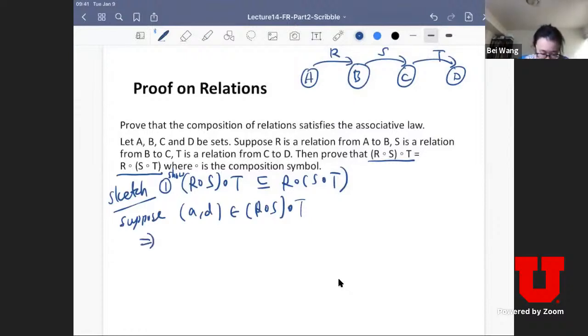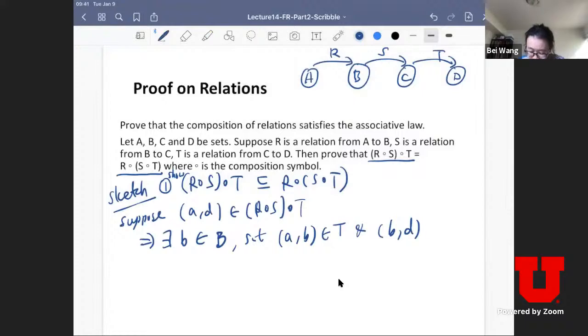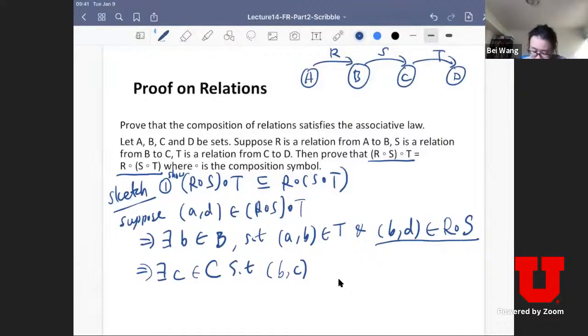This means there exists an element B such that AB belongs to T and BD belongs to R composed with S. And because BD belongs to here, this means there exists C such that BC belongs to S and CD belongs to R.